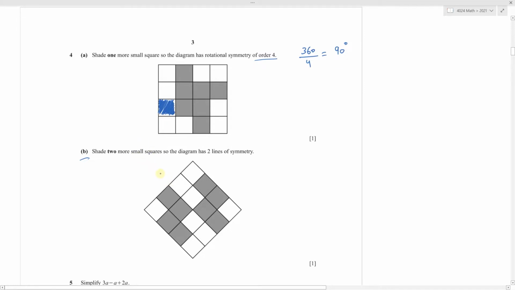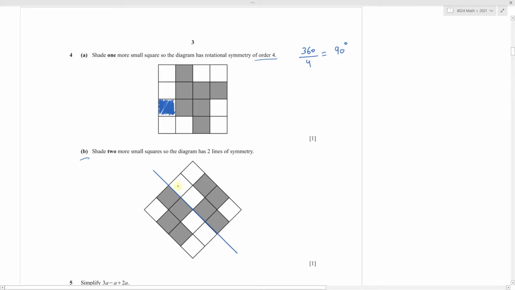If I draw the first line of symmetry for the square, which is this one here. Now for this to be an actual line of symmetry with these inner squares shaded, I have to have the mirror images of these shaded squares as well. So if I look at these two shaded squares, I have the mirror image on the other side. These two are shaded.